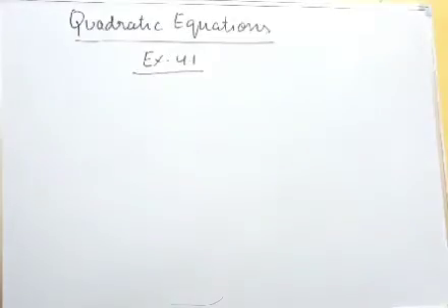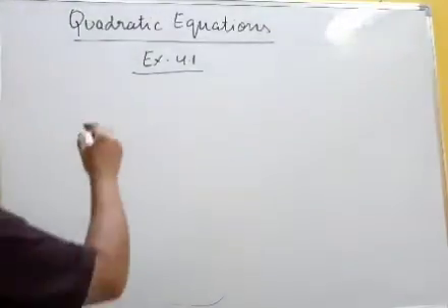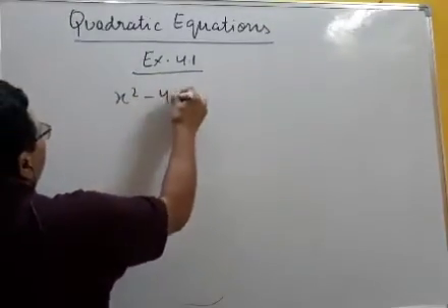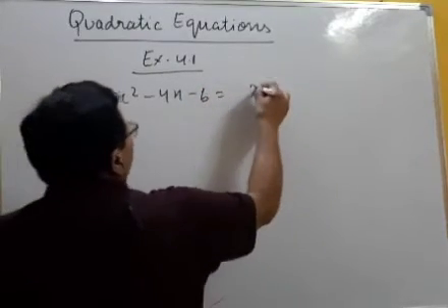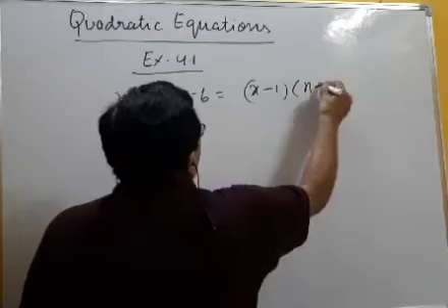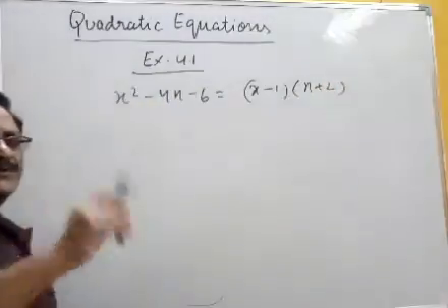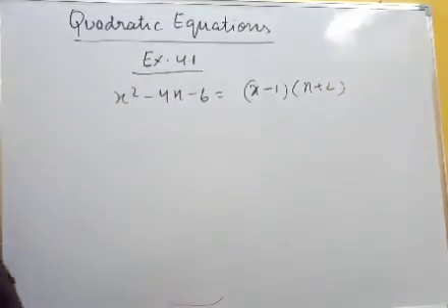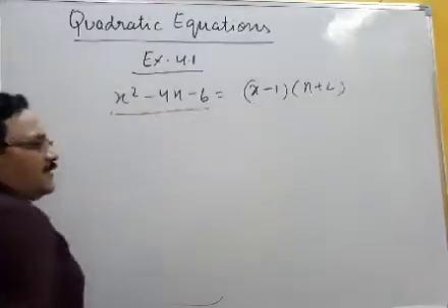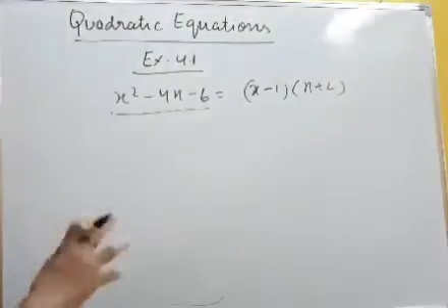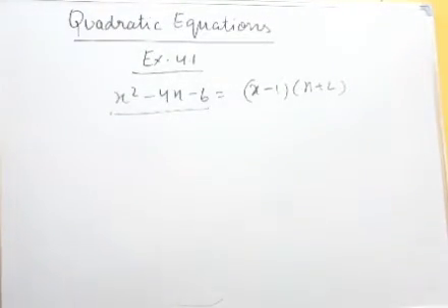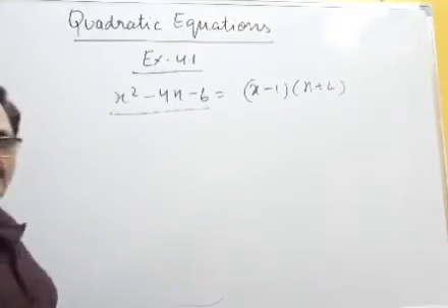For example, from my side I am writing one equation: x square minus 4x plus 6 equals (x minus 1)(x plus 2). On this basis you cannot directly declare whether it is a quadratic equation or not. First of all you have to solve the left hand side and right hand side, but I am telling you this is not a quadratic equation. How?